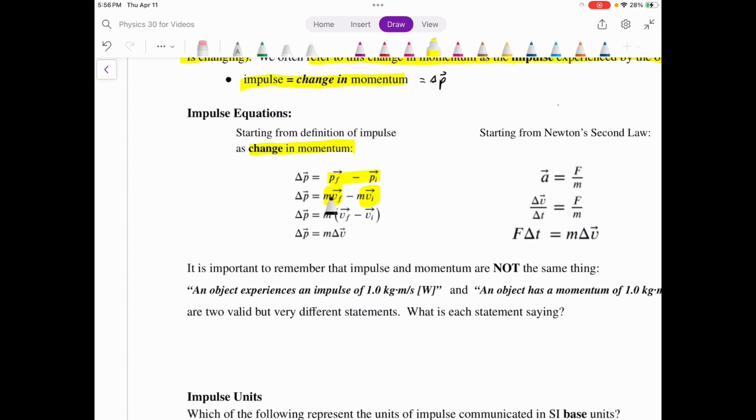They both contain the mass, so we can pull it out, leaving us with velocity final minus velocity initial, which is just the change in velocity. So the change in momentum is just the mass times the change in velocity, right? That's what impulse is. It's how much your momentum changed by. And we can calculate the change in momentum as mass times change in velocity, okay?